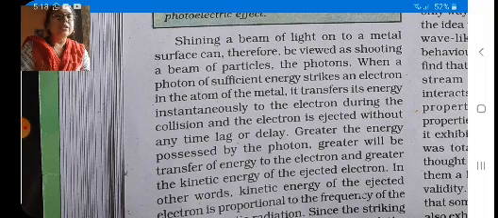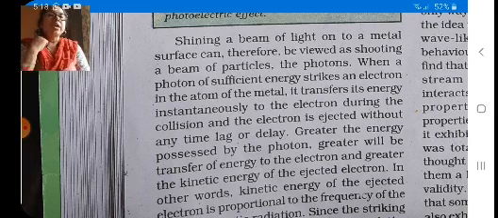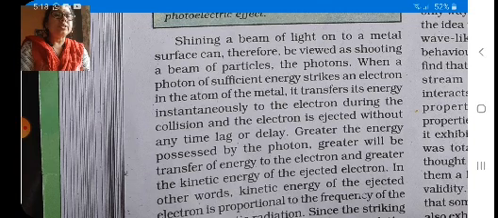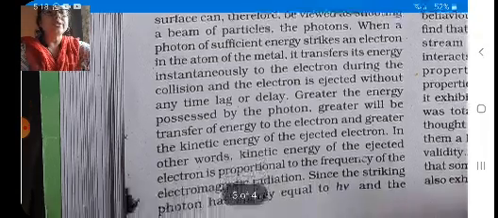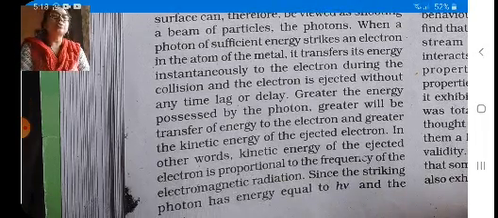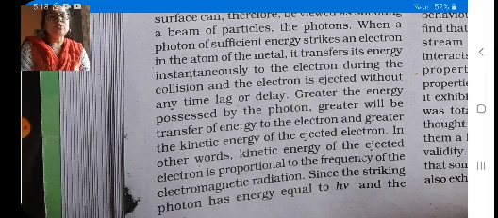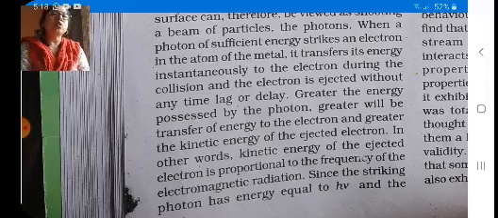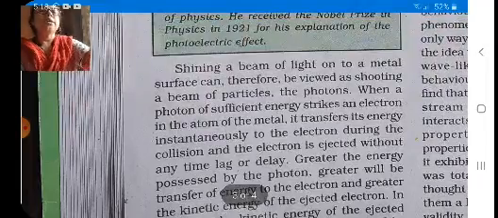The greater the energy possessed by the photon, the greater the transfer of energy to the electron, and the greater the kinetic energy of the ejected electron. In other words, the kinetic energy of the ejected electron is proportional to the frequency of the electromagnetic radiation, since the striking photon has energy equal to hν, where ν is the frequency and h is the Planck constant.